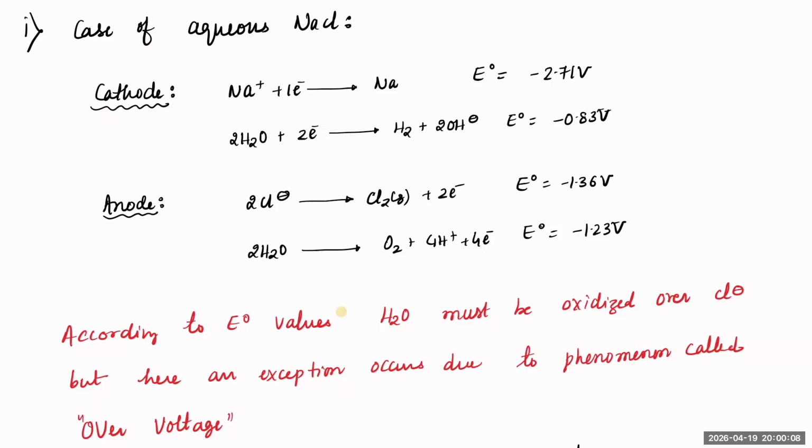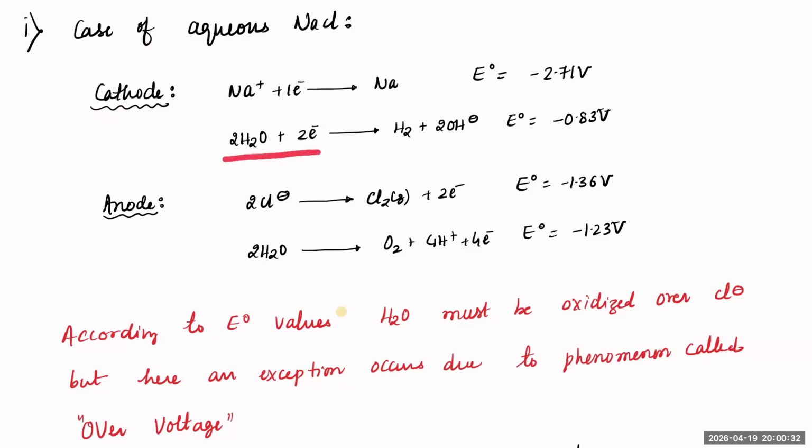What are the reduction potentials? For sodium to get reduced, the reduction potential is -2.71 volts, which is a very low affinity. It will not try to go unless there is a huge amount of electron charge deposited, and then sodium alone has no competitor, so it will approach and get reduced.